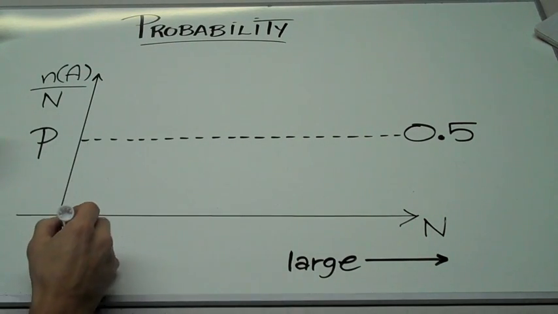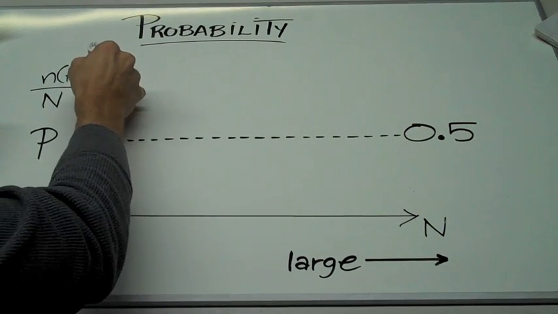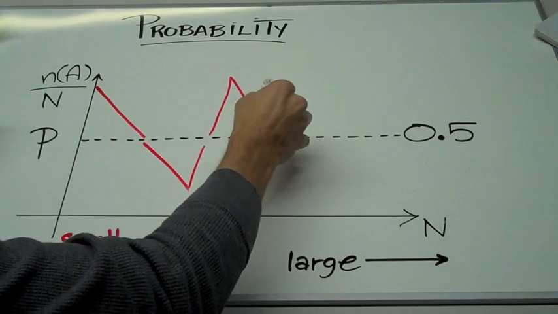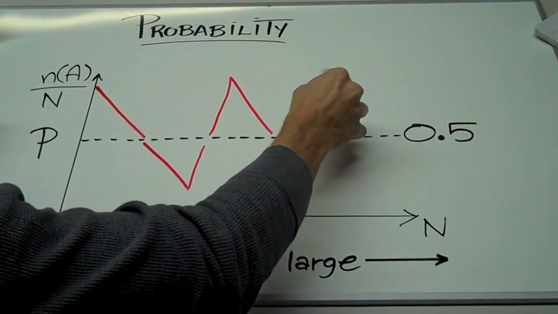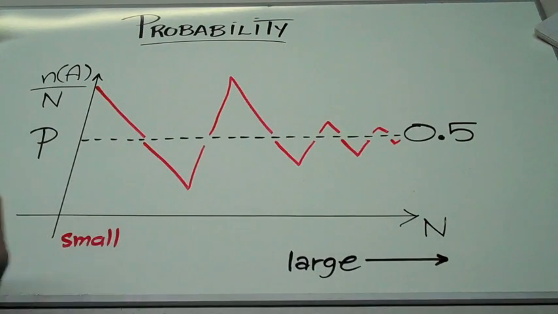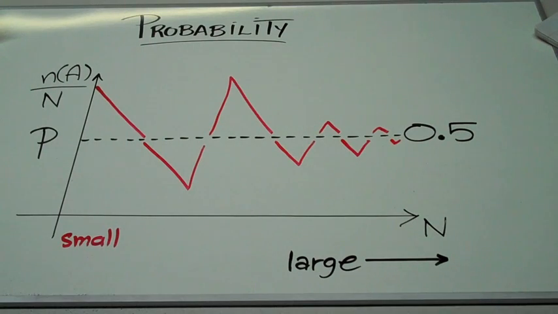As the number of trials is small, like 3, 4, or 5 trials, we can be way away from our actual probability. But as the number of trials gets higher and higher, eventually we're approaching 50%, which is the expected probability. The relative frequency approaches this probability as the number of trials grows larger and larger.